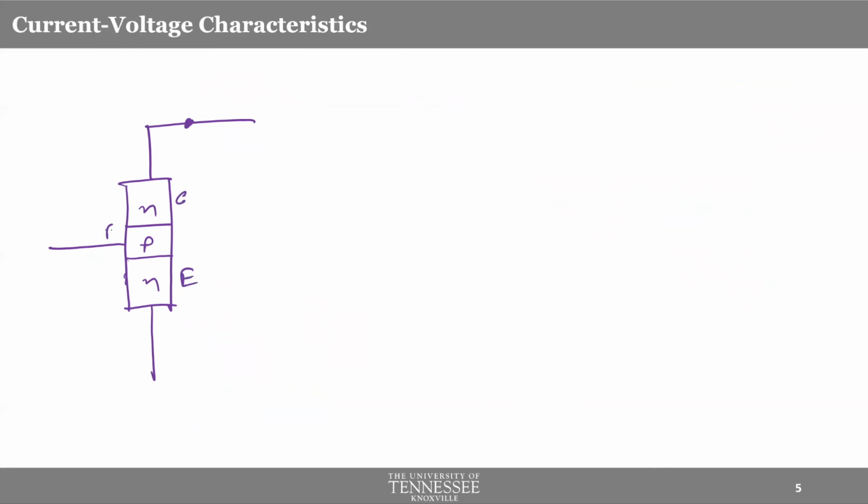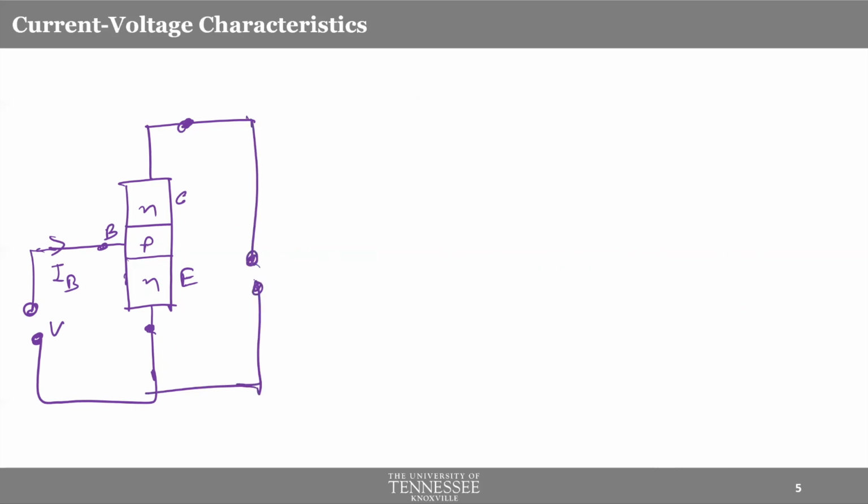I will just talk in terms of VCE and VBE and IB. So imagine you have some sort of voltage that you apply, and you get base emitter voltage here, VBE. And then you get collector emitter voltage here, from the output. I'm just trying to simplify the figure further.